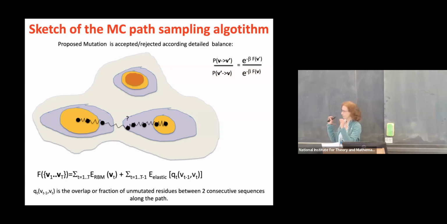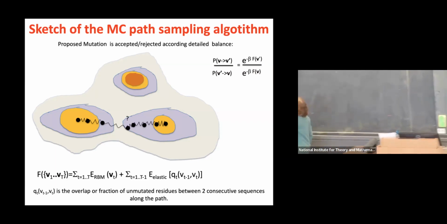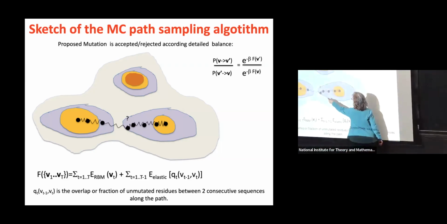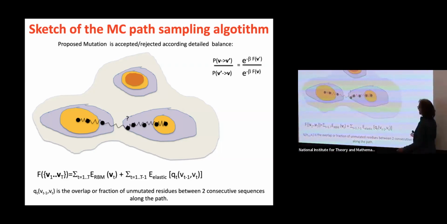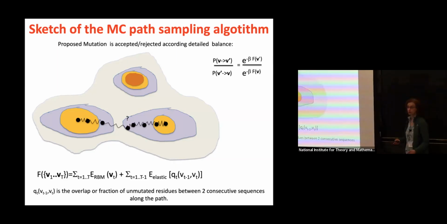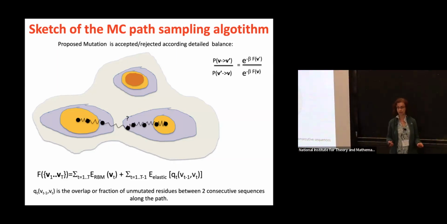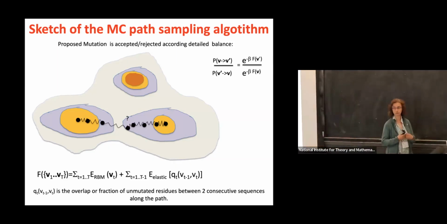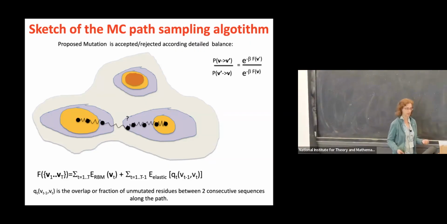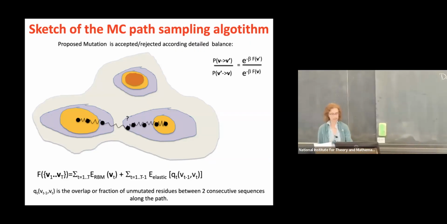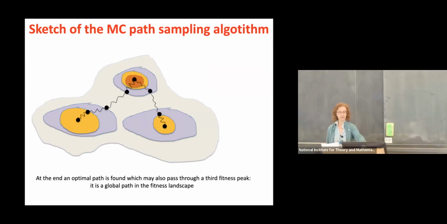We start by proposing a path, then we propose a mutation, so a different sequence along the path, and we accept or not according to Monte Carlo sampling. So this is a quite efficient way of sampling the whole path, and it can end up going through different portions of the sequence space.